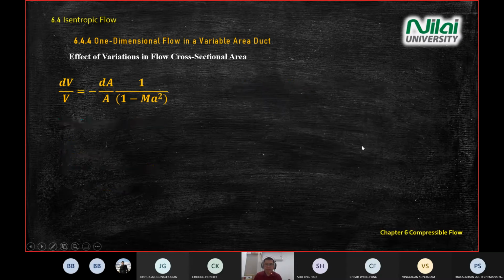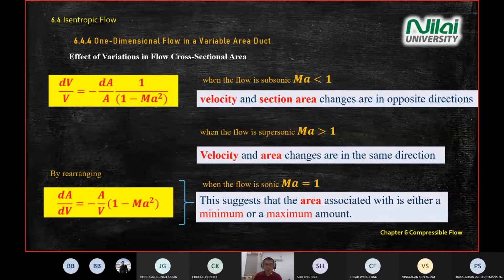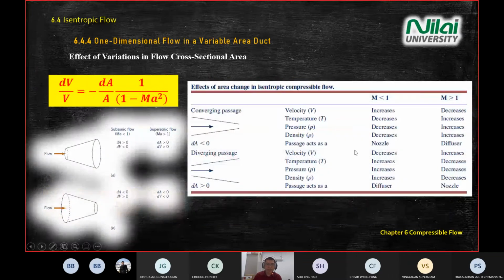If you don't understand, you go to this table, where we went through so many times last Friday. If you're going in a diverging passage, your velocity will decrease if your Mach number is less than 1. So if you start with subsonic input, less than 1, from the left into the right, you're not going to get Mach number 1 here.